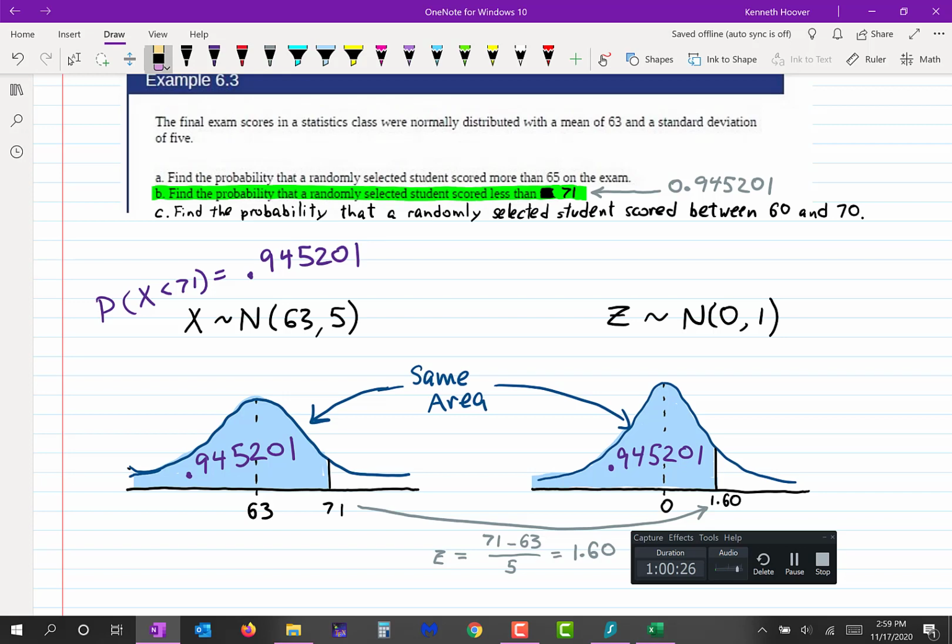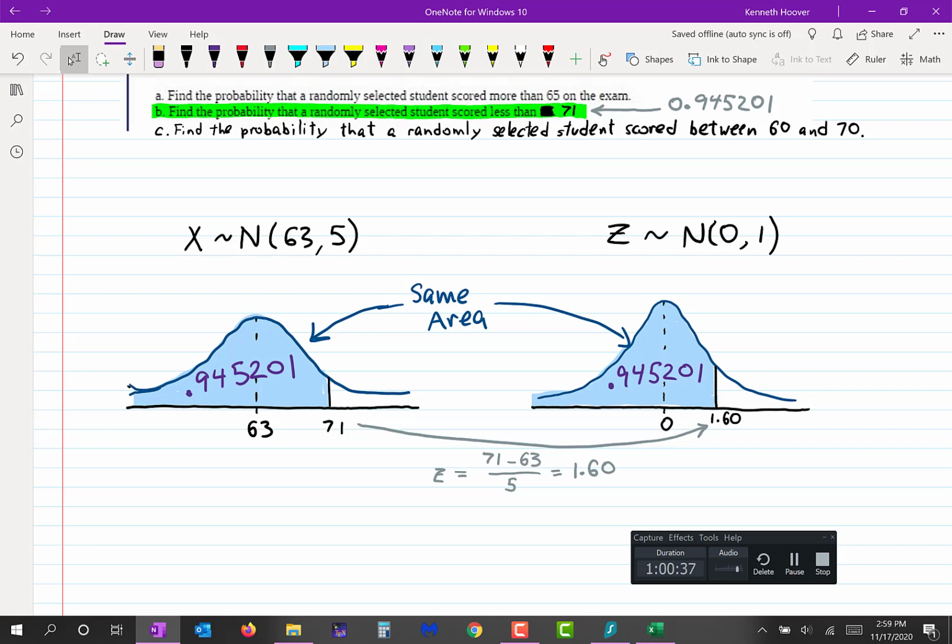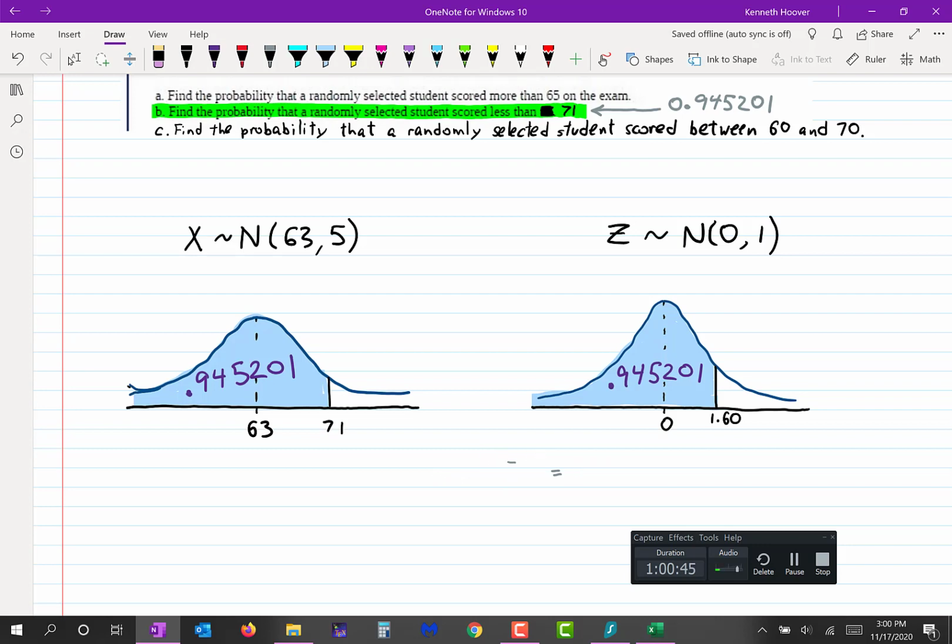All right, let's go back now and do question A. So question A says, find the probability that a randomly selected student will score more than 65.